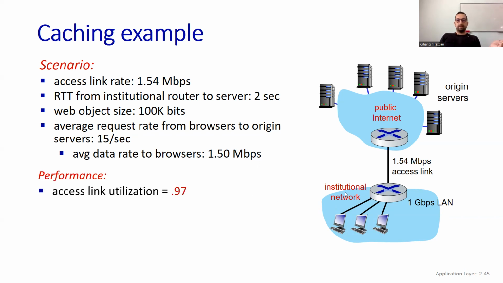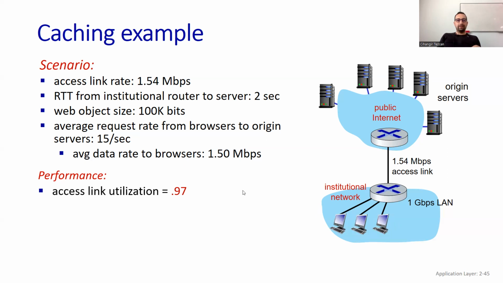In this scenario, the access link utilization is almost 97%, which is very close to 1. Recall our previous lectures, when I said that when it is close to 1, request and response timing suffers. This means that there will be huge delay at this router. So anything larger than 0.8 would be a problem. So your aim would be to reduce this.